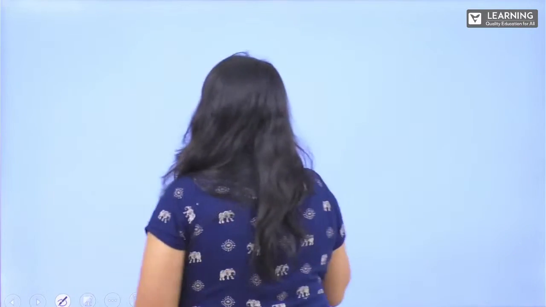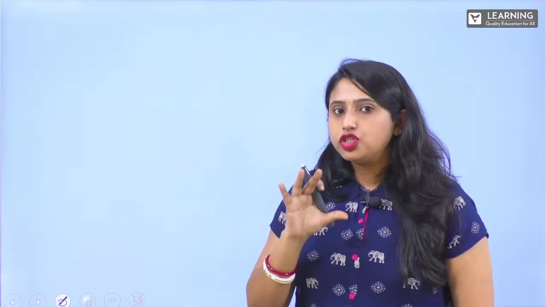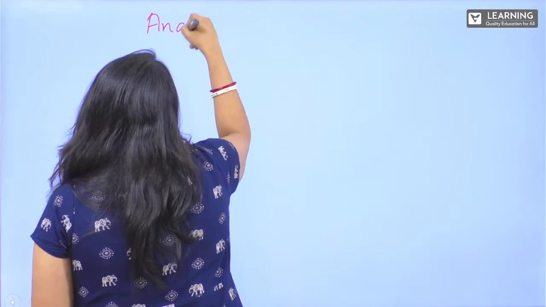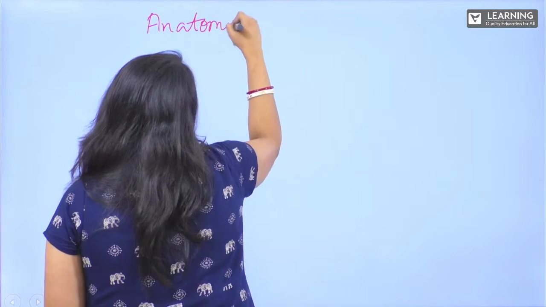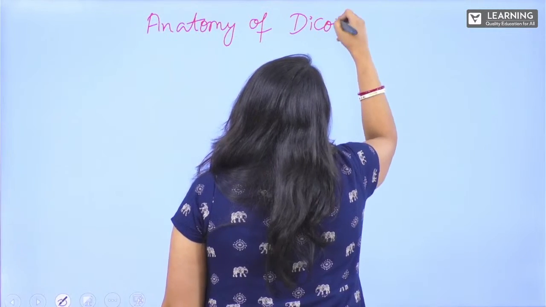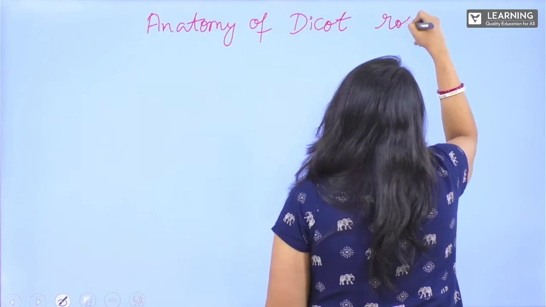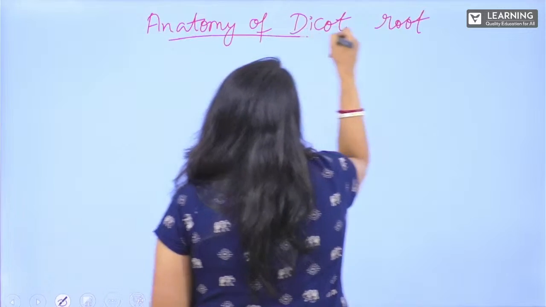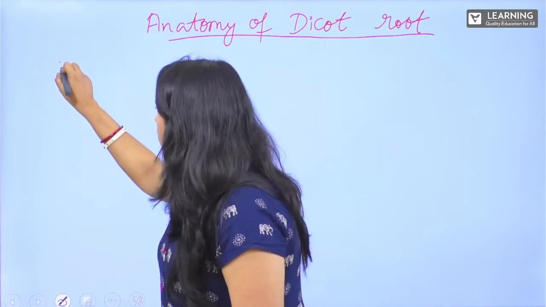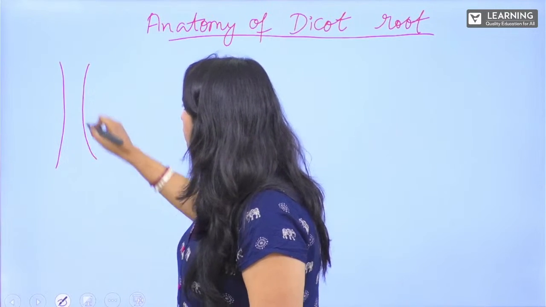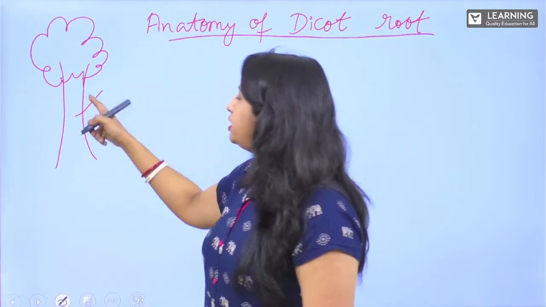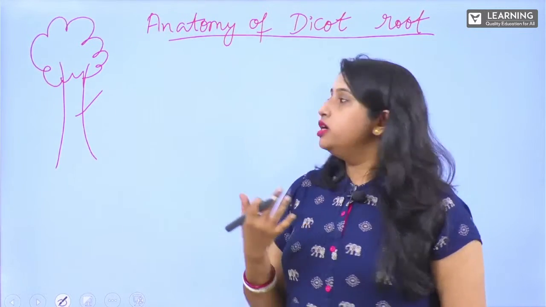So how is the internal structure of your dicot root? Let me write here: anatomy of dicot root. Let us understand the dicot root with the help of this picture. Dicot plants will be huge in size, that is their stem will be huge.